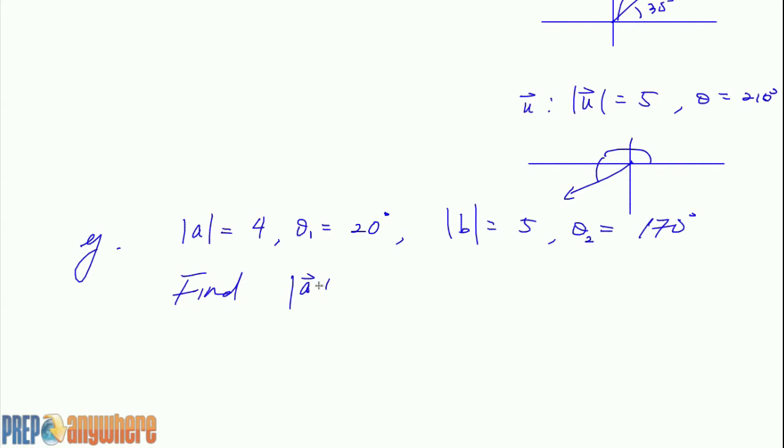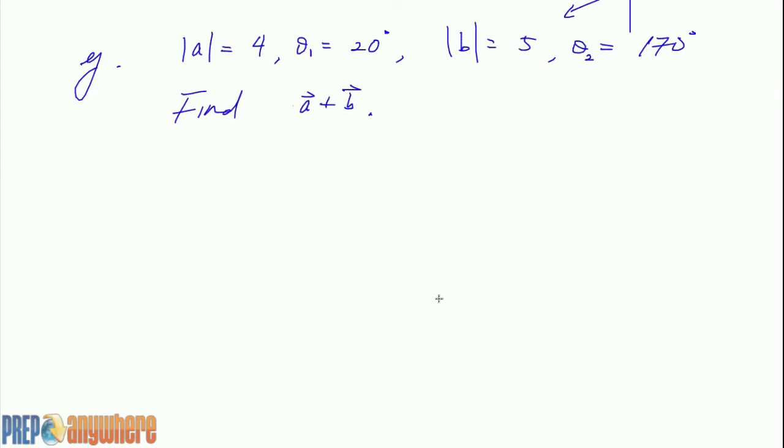Find the magnitude of A plus B and the angle of rotation. If I say just find A plus B without the absolute value sign, that means you have to state two things, the magnitude as well as the direction. It's implied.